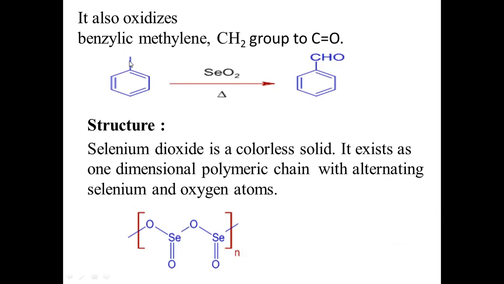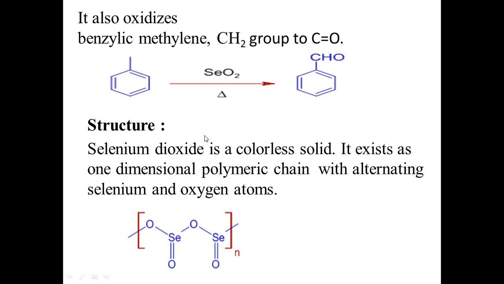This toluene molecule is oxidized into benzaldehyde. Now the CH3 group is modified into C double bond O. Toluene is converted into benzaldehyde in presence of selenium dioxide.